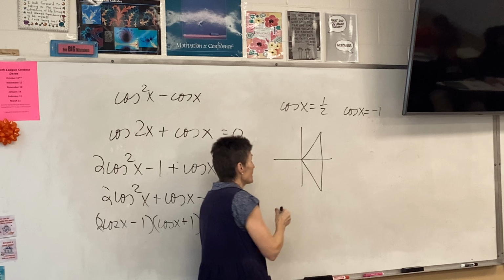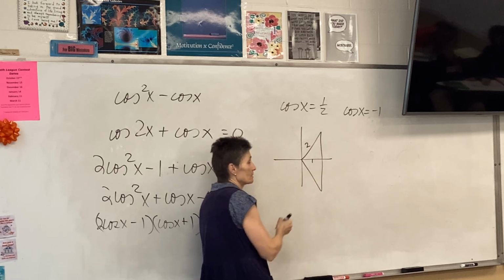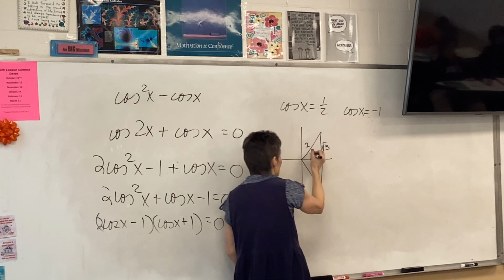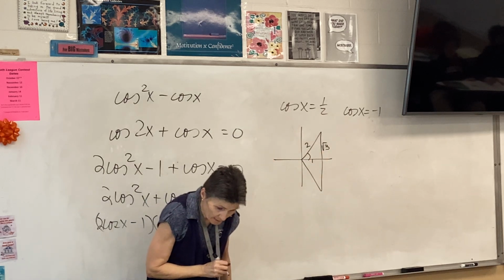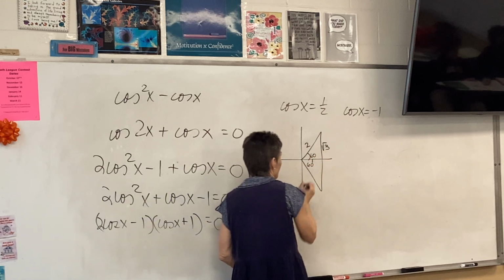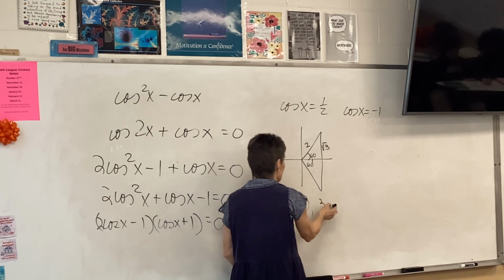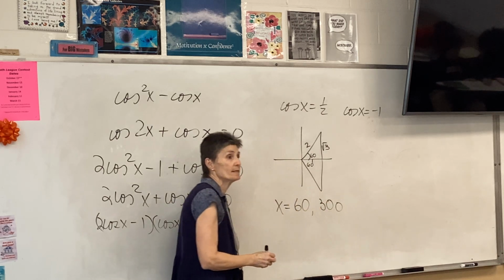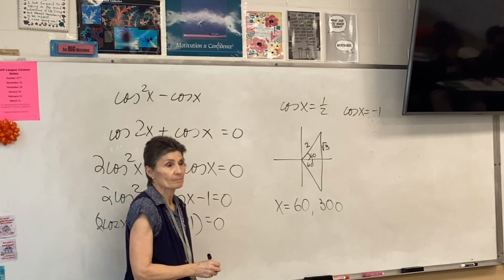If the cosine is positive 1/2, then your angle is, am I in degrees or radians? Degrees. So I'm gonna use 60. So one of my answers is 60 and the other one is 360 minus 60, right?